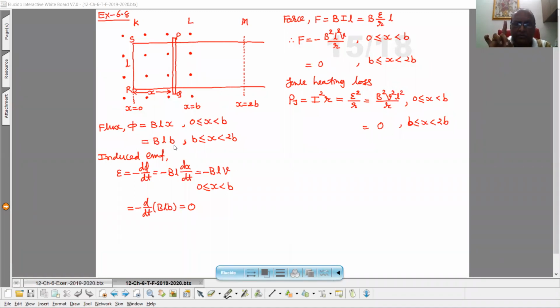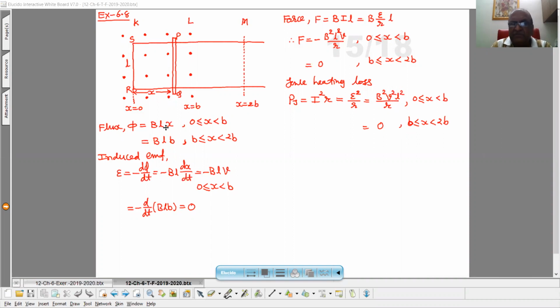Clear to all of you? Okay. Now EMF induced, that is minus d phi by dt. So minus BL dx by dt, that is minus BLv.